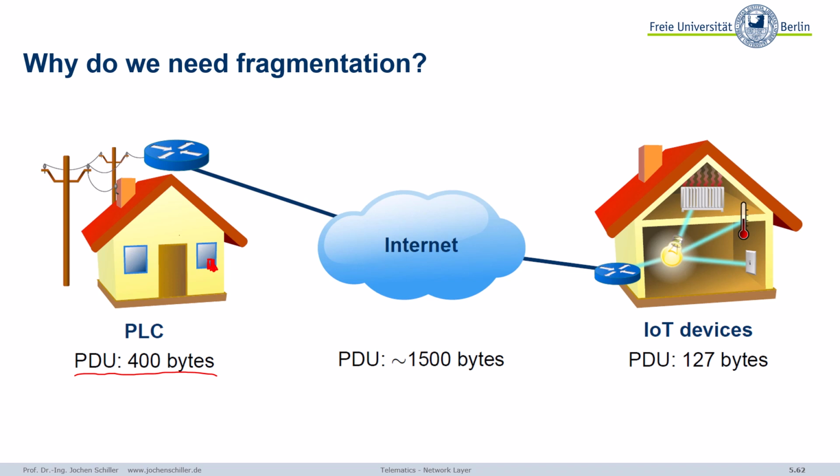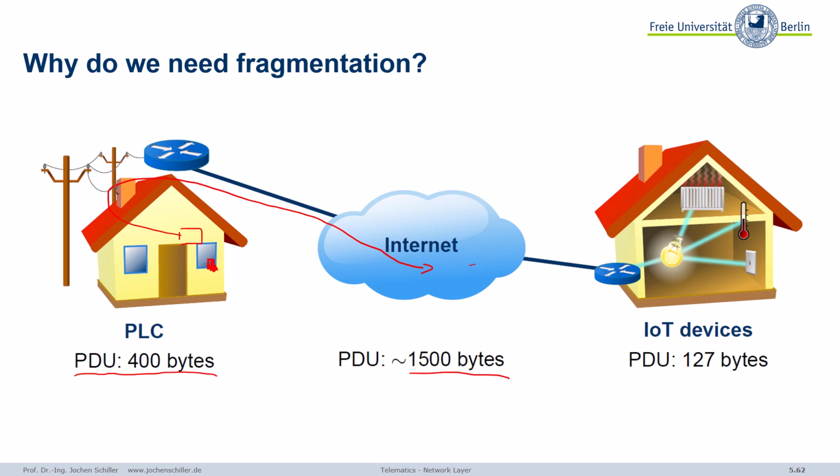Then maybe you create your 400 byte packets. They go through the internet, everything is fine here because typically you have something like 1500 bytes as a packet size around, so that the classical maximum Ethernet packet still fits.